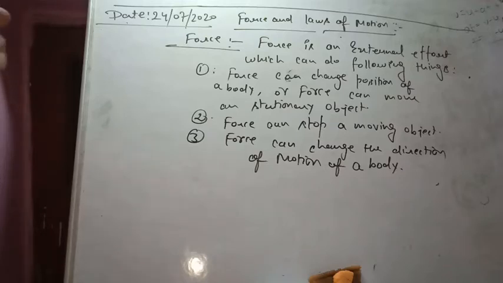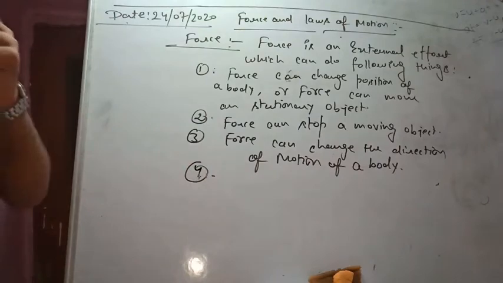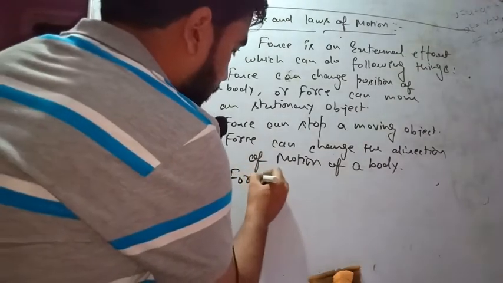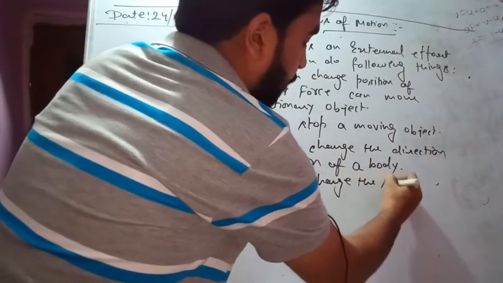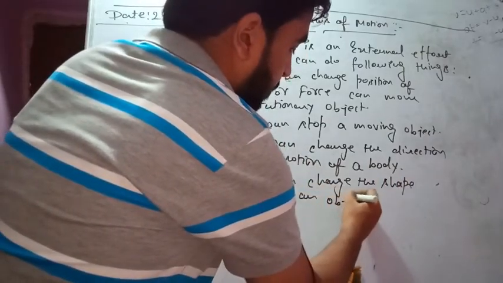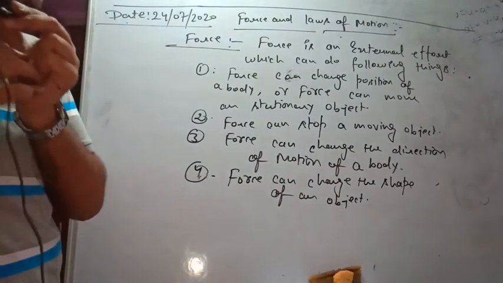Now let us discuss another point which can be caused by force. That is, force can change the shape of an object. It is also possible that force will be able to change the shape of an object.